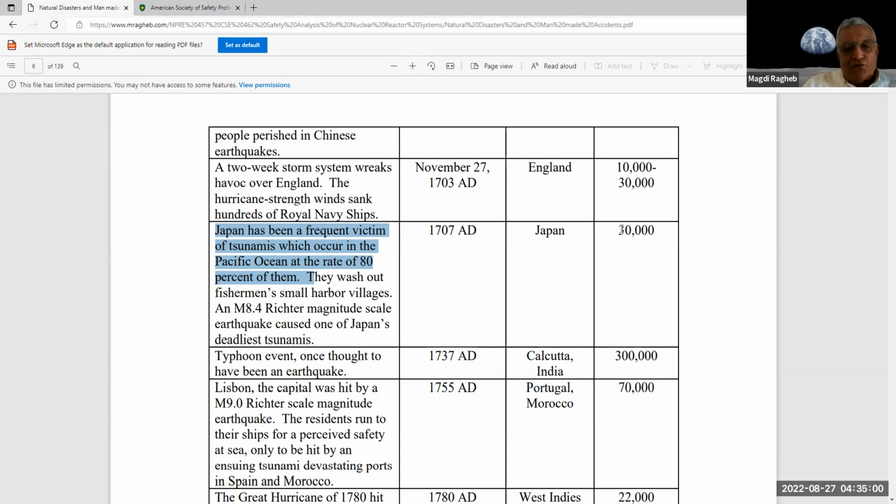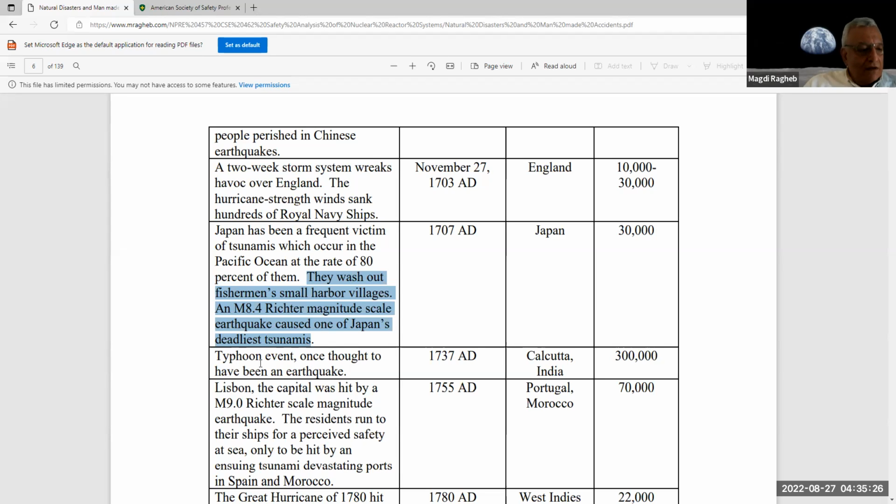Very close to the 18,000 people that died in Japan from the tsunami with the Fukushima earthquake. It's very frequent in Japan. We have to admire how the Japanese recover from all those calamities and come back again into their civilization in general.